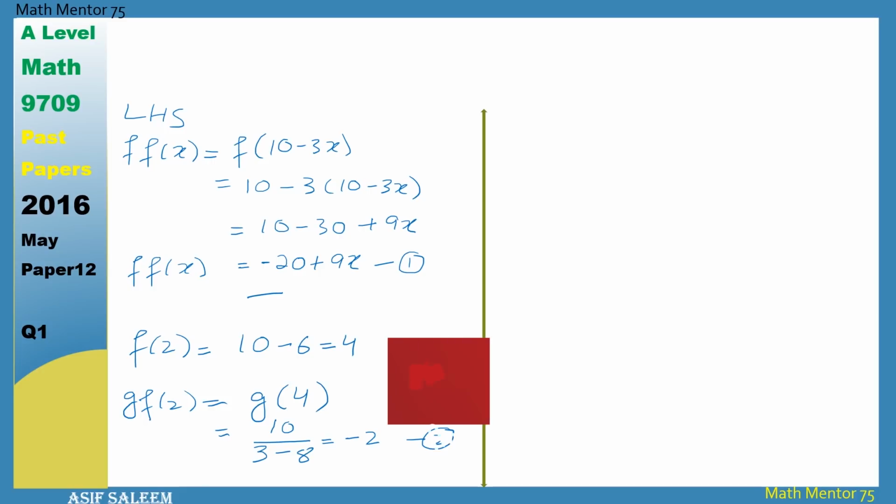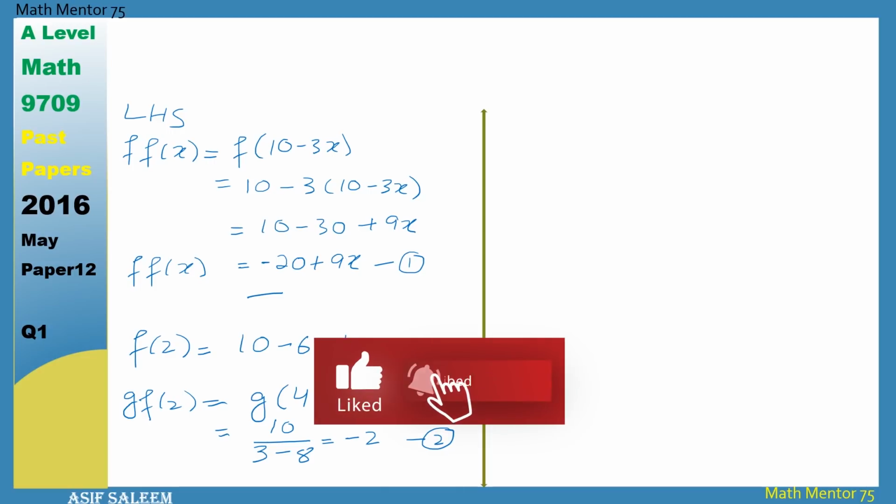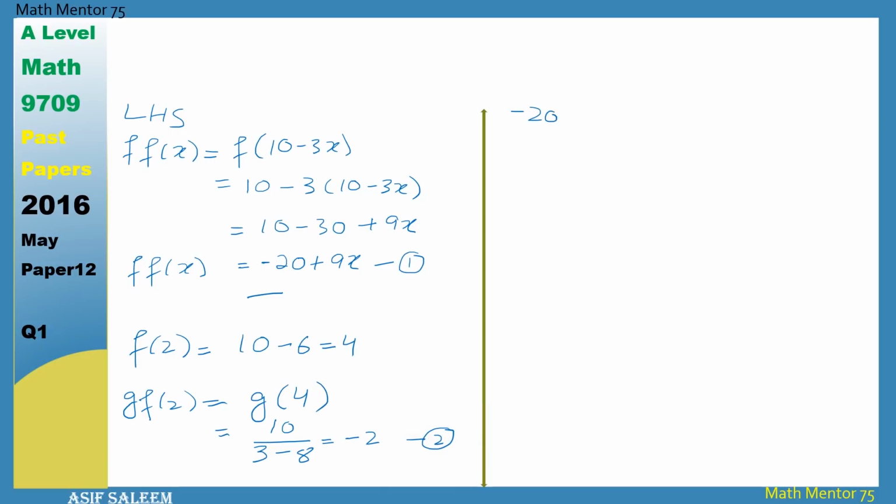Let's substitute the values. So we have minus 20 plus 9x equals minus 2. And let's simplify this equation with the negative sign. So x equals minus 2.